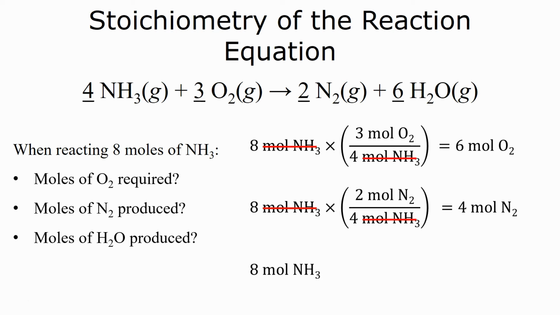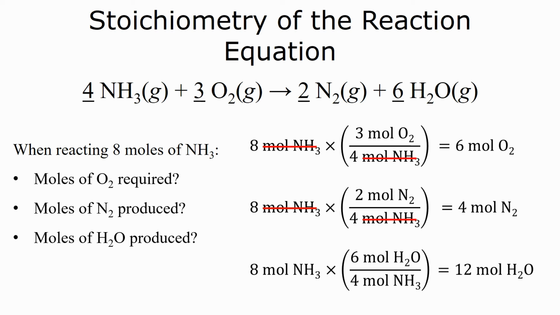And finally, with 8 moles of ammonia, multiplying that times the 6 to 4 ratio of moles of water produced per moles of ammonia reacted, we get, as expected again, 12 moles of water produced. Dimensional analysis checks out. However, like I said, this is not always going to be the case.